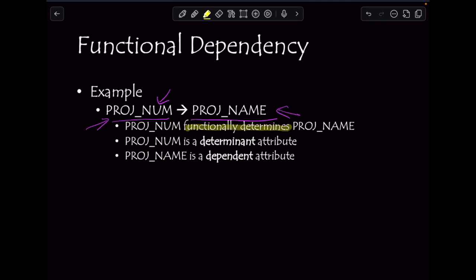Or you can say that project number on the left side is the determinant attribute, and project name on the right side is called the dependent attribute.